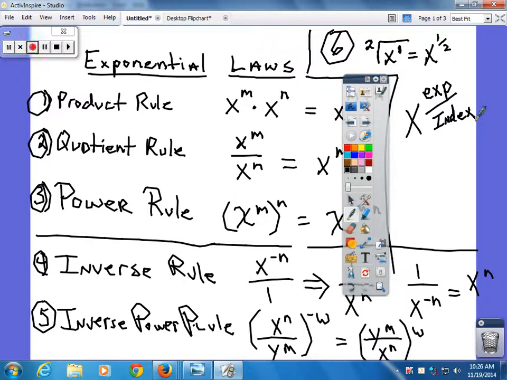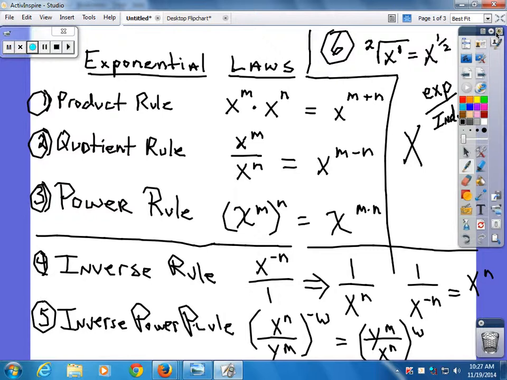Exponent over index. You need to remember that for calculus, because you're going to see that quite a bit. If you want to rewrite a radical, you put the exponent over the index.